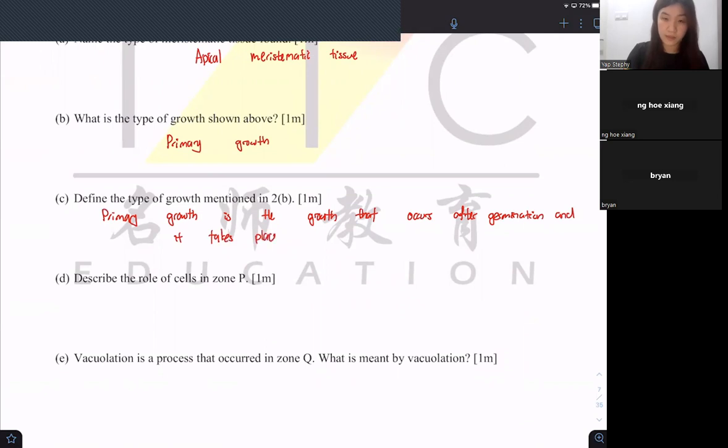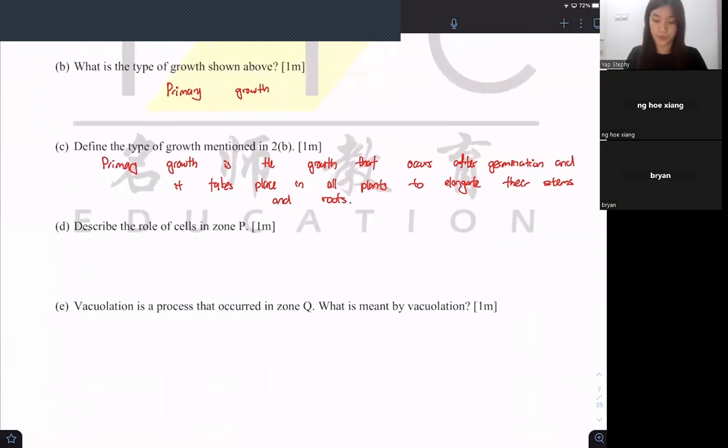It takes place in all plants to elongate their stem and root. Yeah, so you write down the characteristic and the function of the primary growth.